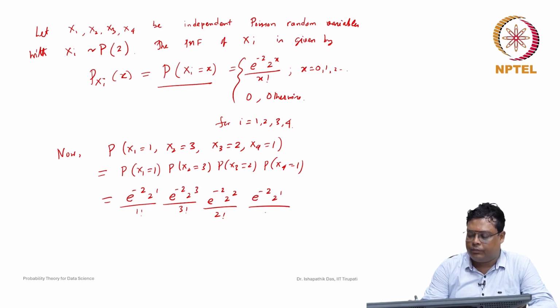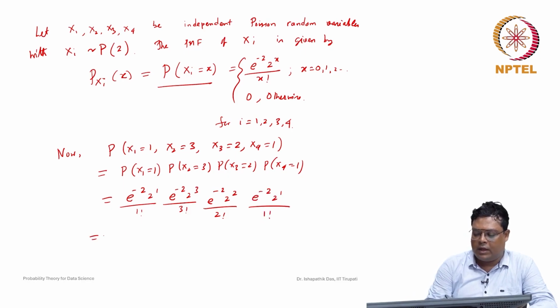So we can write e to the power of minus 8, since 4 times 2 is 8, and 2 to the power of 1 plus 3 plus 2 plus 1, which is 7, divided by 1 factorial, 3 factorial which is 6, 2 factorial which is 2, and 1 factorial.